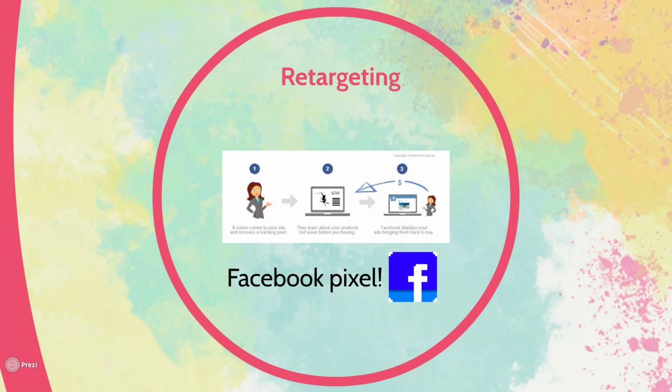So Facebook can track where they were on your website and what they were doing there, and it can detect when they left the website without the call to action that you set, that was your objective, your goal.